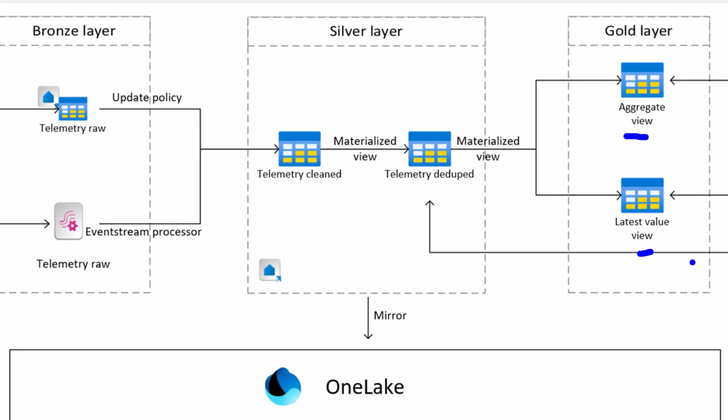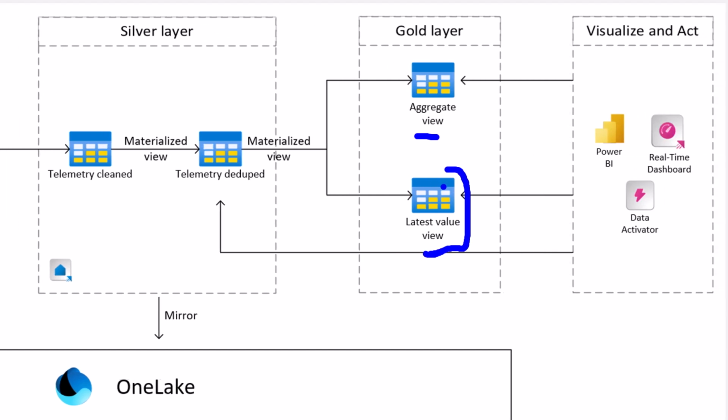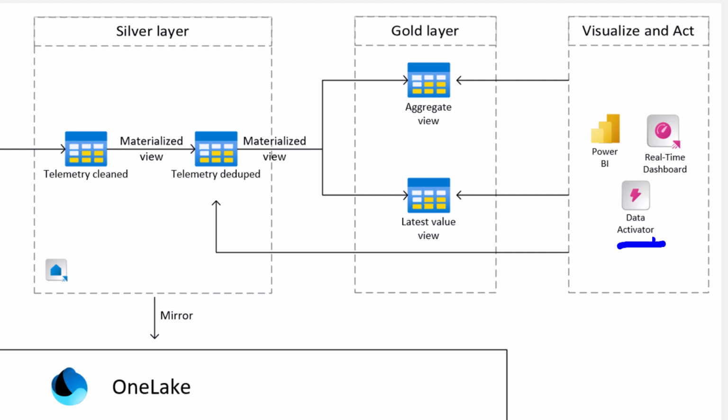And then latest value view is another gold layer materialized view that we can generate. And then we're going to use those as the basis of our visualizations, either for Power BI or real-time dashboarding, or perhaps we want to do some sort of condition-based monitoring of the data in those materialized views. We can do that as well.